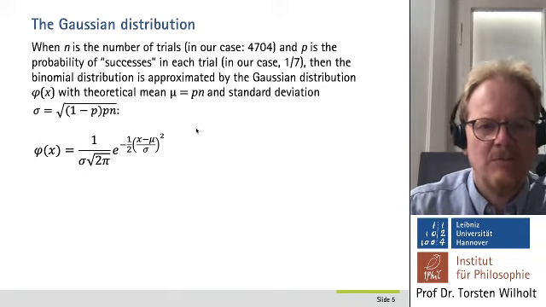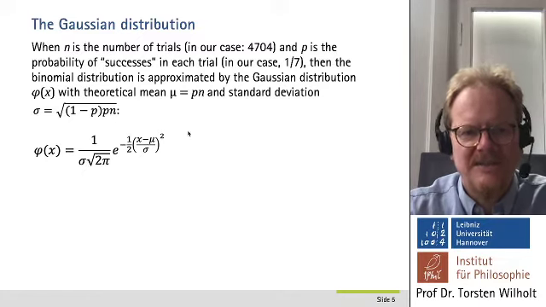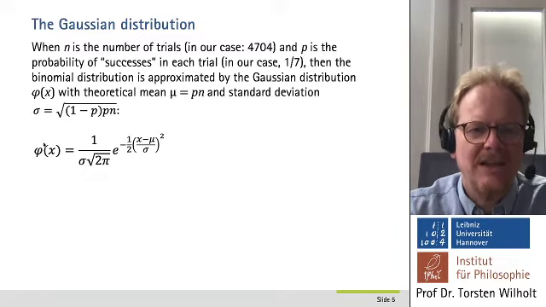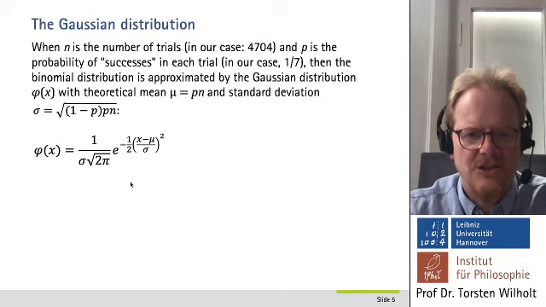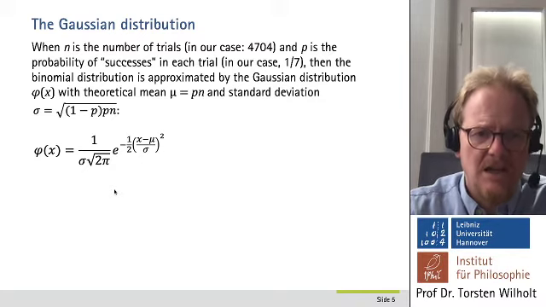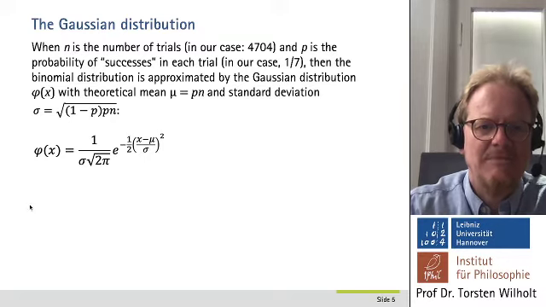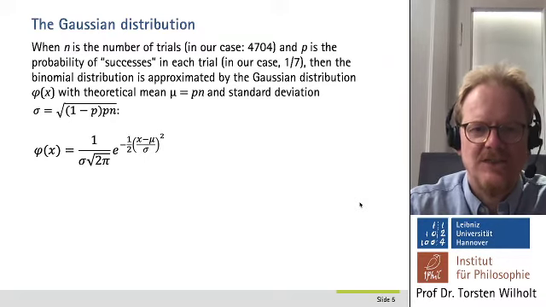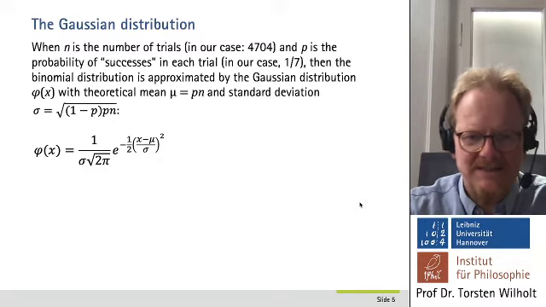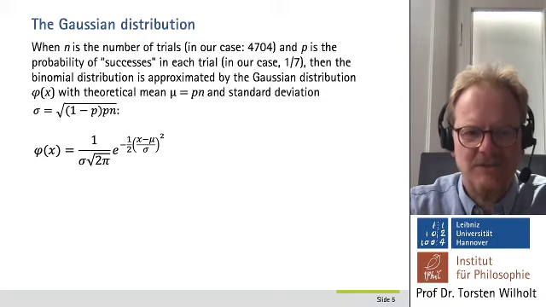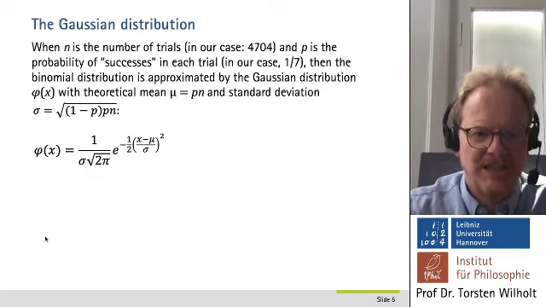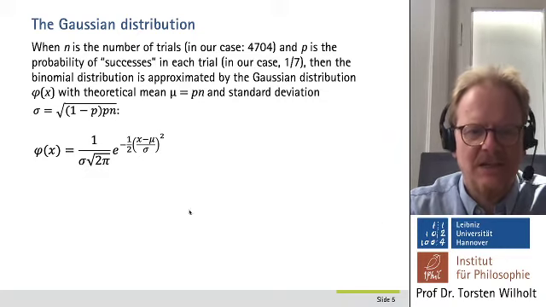What I want you to understand is that it is a real valued, a continuous function, and it is a bell-shaped curve. Just so it approximates this discrete distribution that we've just looked at with a bell-shaped continuous curve.